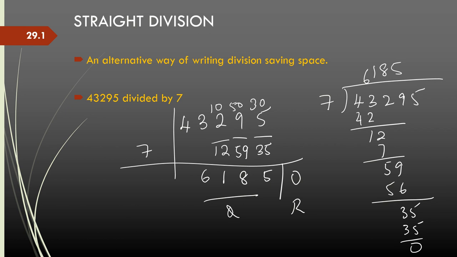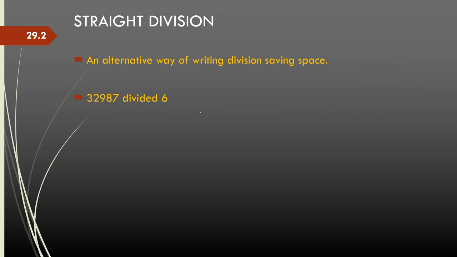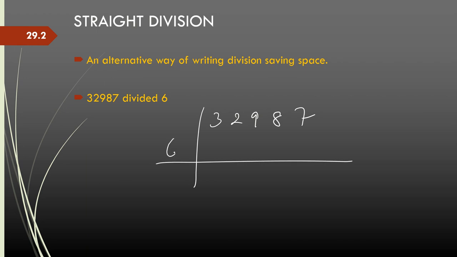One more example, just to get used to the notation if you are not used to it. So, if I am dividing 32987 by 6. I start off, 6 5s are 30, 2 gets added, 29. I do not have to write it if I am comfortable, otherwise until I get comfortable I might want to write.